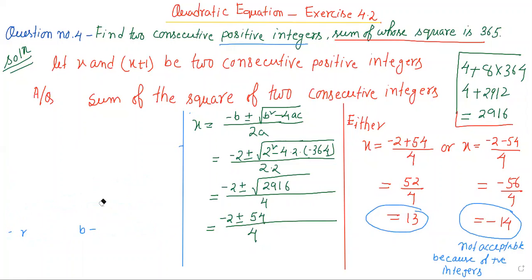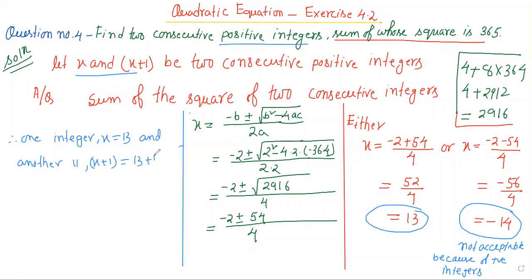That means we have to find these two values. So one integer is x equal to 13, and another integer is x plus 1 equal to 13 plus 1 equal to 14.